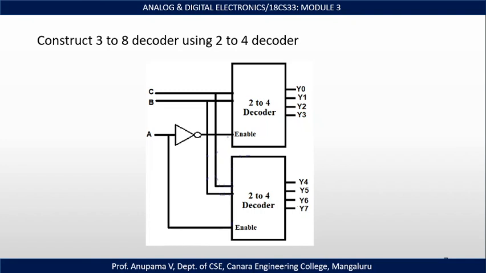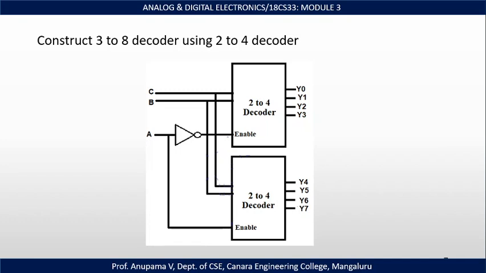Here one of the input lines, that is A, is used to enable or disable the decoder. When A is 0, the upper 2 to 4 decoder is enabled and the lower 2 to 4 decoder is disabled.